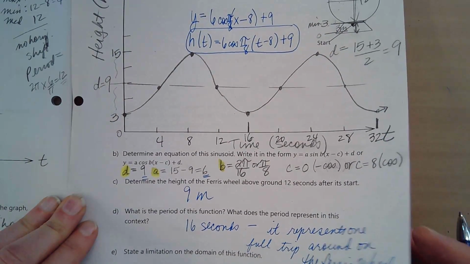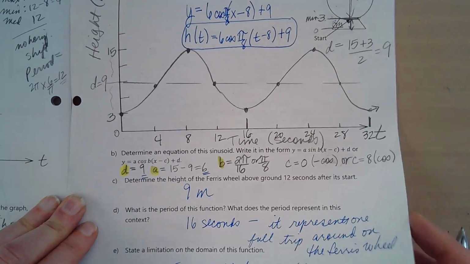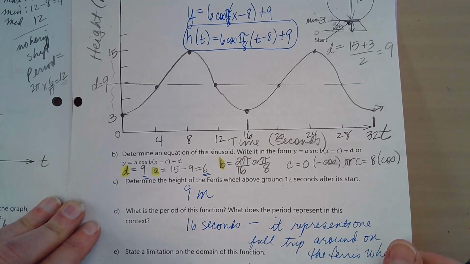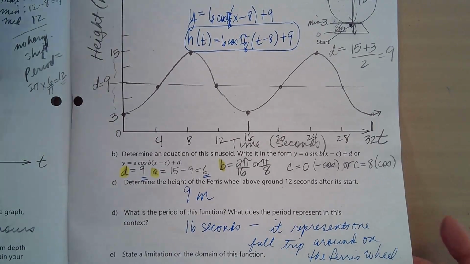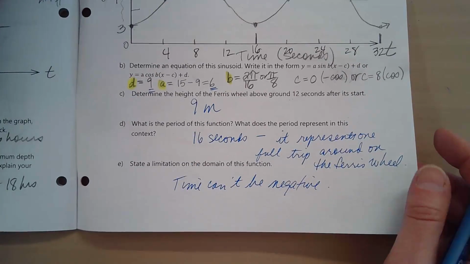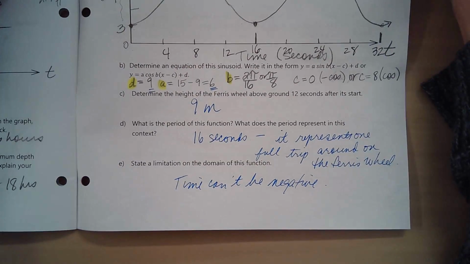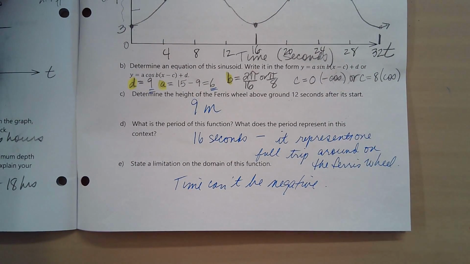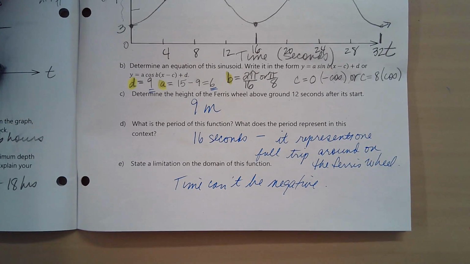We're hoping. If something happened that they rose higher than 15, the ride's probably broken, right? And they go spinning out. Okay, so applications are nice in a way because, like I said, these sinusoidal functions are so regular, right? They're cyclical.